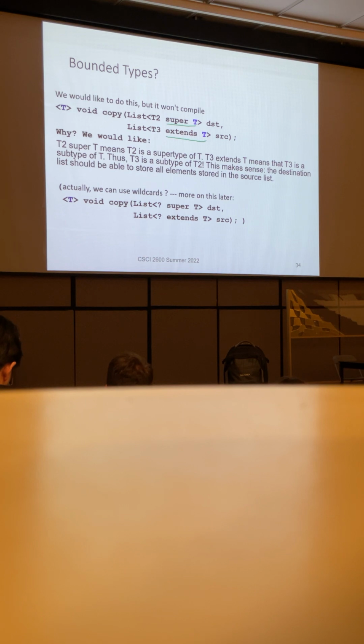And the reason for that is that T2 super T means that T2 is a super type of T. And T3 extends T means that T3 is a subtype of T. Okay? So that makes T3 a subtype of T2, and that makes sense, right? So the destination list should be able to store all elements from the source list.